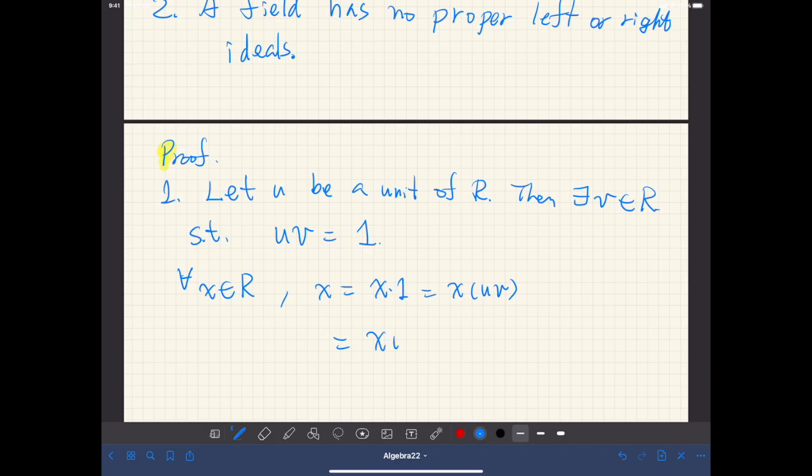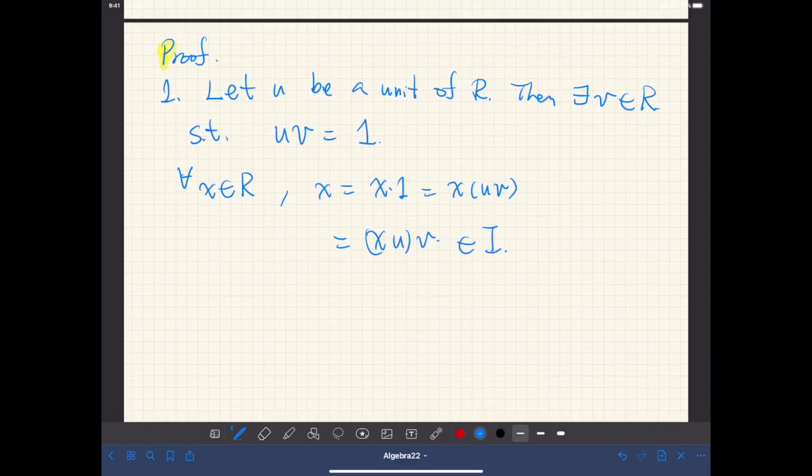By associativity we have (xu)v, and this is an element of the ideal, because that's the definition of ideal. So that means any element of the ring is an element of the ideal. Therefore this ideal is equal to the ring itself.